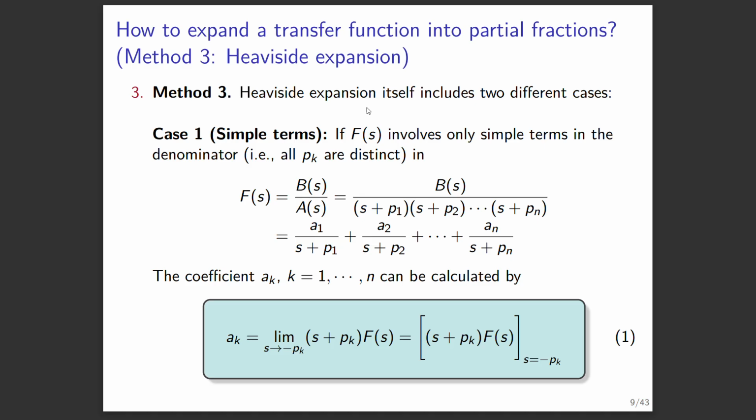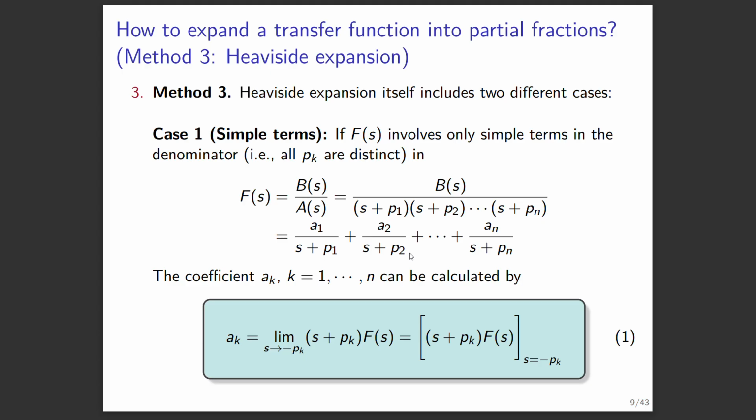Simple case, or case 1, is when you only have simple terms, meaning that the denominator only has simple terms, which means the value here, P1, P2, P3, is just by itself. You don't have (s+P1) squared. You don't have multiplicity.